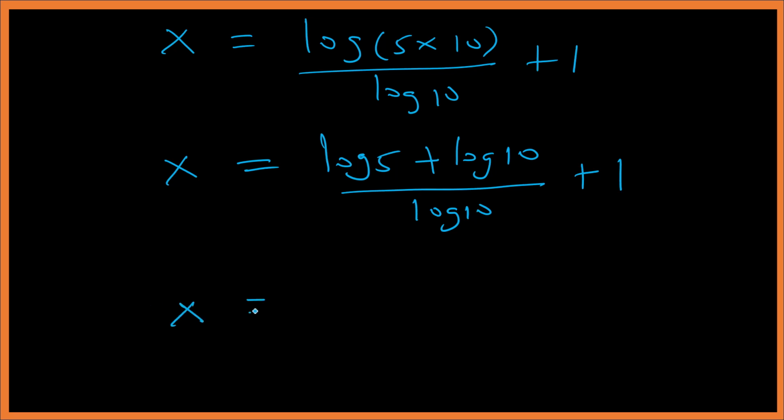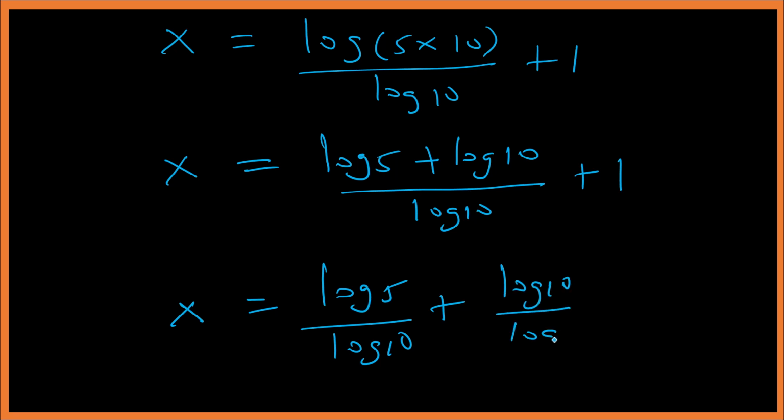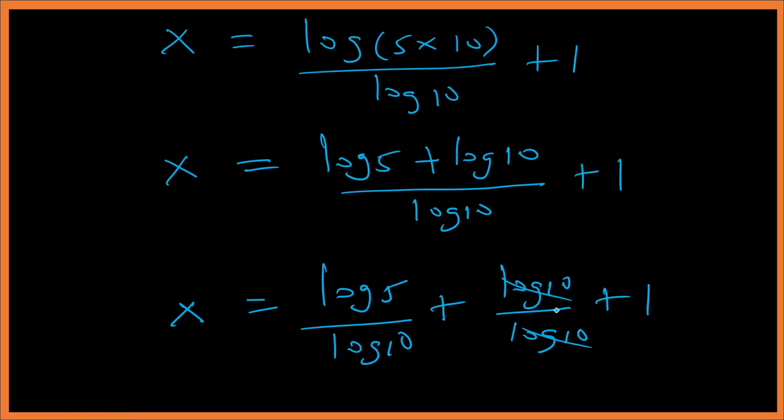So x will be log 5 over log 10 plus log 10 over log 10, plus 1. This side goes to 1, so we have x equals log 5 over log 10 plus 1 plus 1, and 1 plus 1 will be 2.